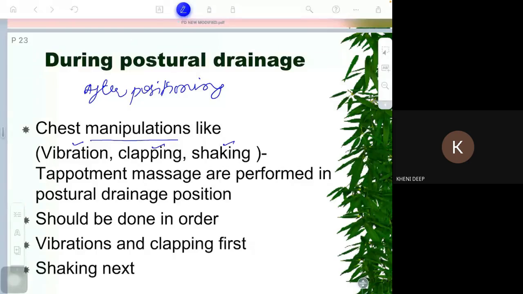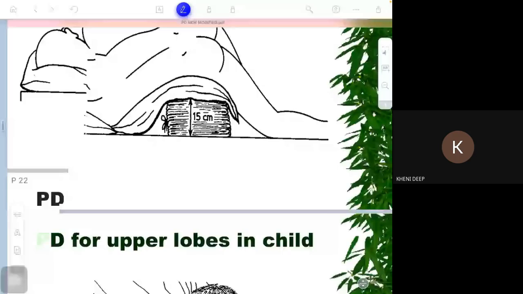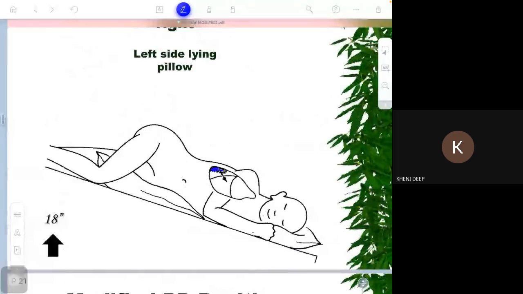If the secretions are thin, simply by positioning, suppose this is the area you want to treat, this is your area you want to drain. If the secretion is thin, then automatically the gravity assisted position will drain the secretion and bring it to the main bronchus. Clear? This is applicable only when the secretion is thin.